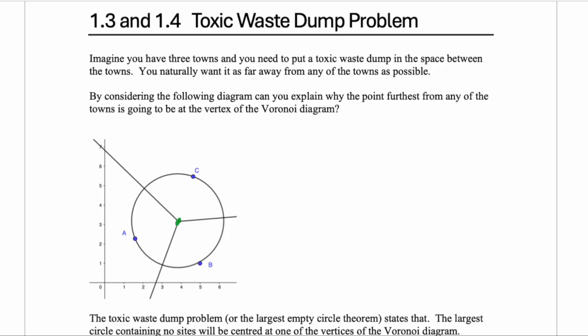Points in here are closer to C than they are to A, so if you're right on the boundary, these points are an equal distance away from A and C, and then once you go to the vertex, you have a point which is an equal distance away from A, C, and B. So it is the best spot to put the toxic waste dump, and it lies on the vertex.